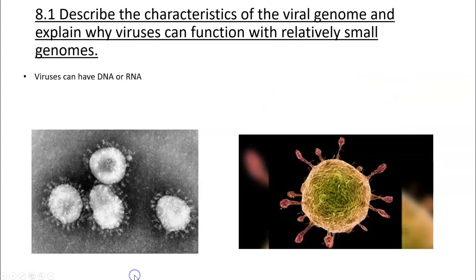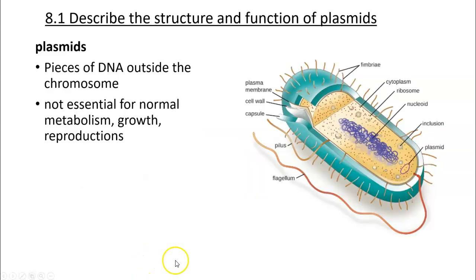The plasmid is not essential. The instructions in that plasmid are not essential for normal metabolism and growth. I'll say that again. The instructions or the DNA in that plasmid is not essential for normal metabolism and growth.